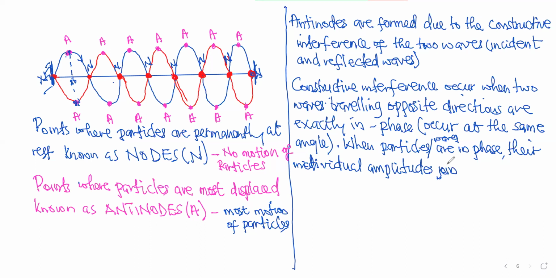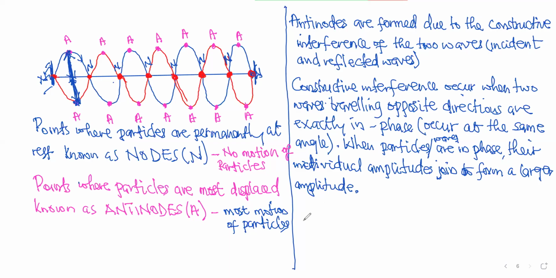Because they are occurring at the same angle, the amplitude of the incident wave, from here to here, and the amplitude of the reflected wave, from here to here, add together to form a larger amplitude. That is constructive interference of two waves, and that is how antinodes are formed.